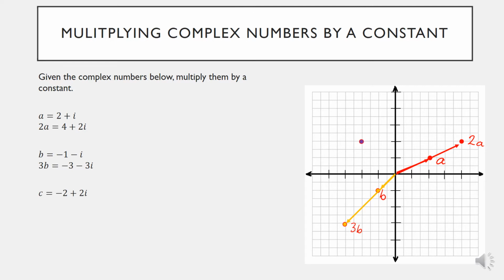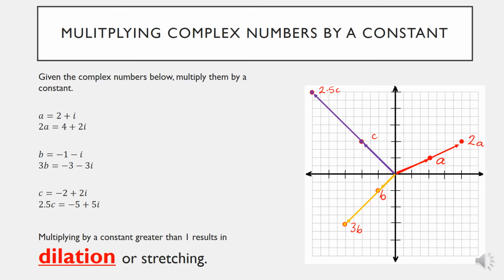And finally let's look at c, which is here in the blue. And we're going to multiply that by 2.5, and I end up at minus 5 plus 5i, which is out here. So that's 2.5 times c. Again, same direction, just 2.5 times longer.